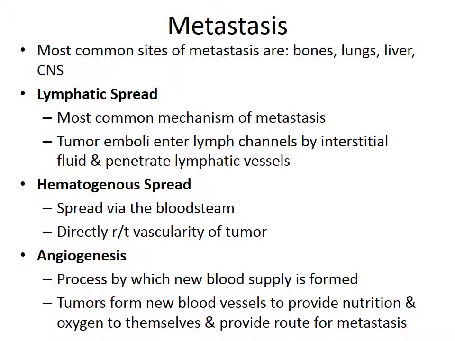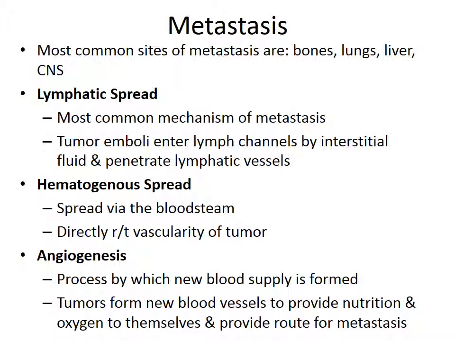Cancer cells spread rapidly through the lymphatic system, and the lymphatic system is the most common mechanism of metastasis. Tumor emboli enter lymph channels by interstitial fluid, and they also penetrate the lymphatic vessels. Hematogenous spread includes spread via the bloodstream, and that's directly related to the vascularity of the tumor.